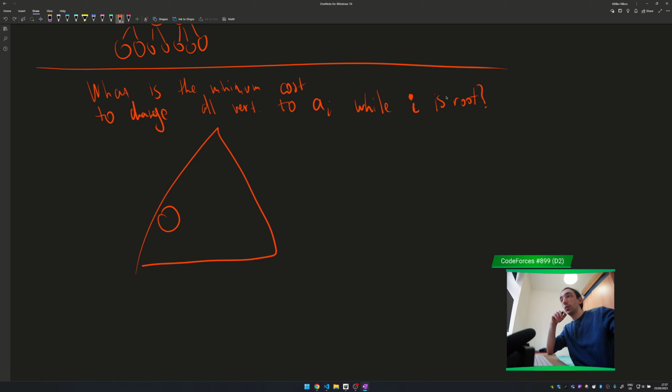Could be changed multiple times, right? Let's take a look at the path.